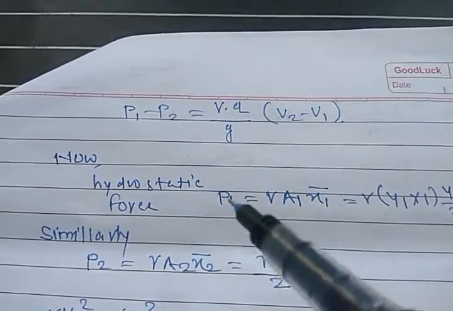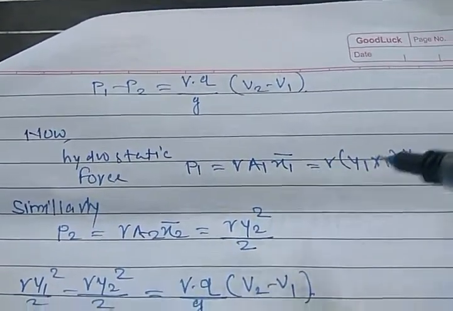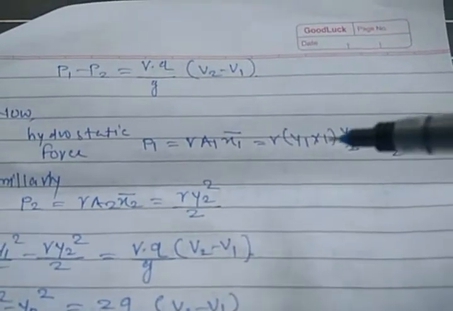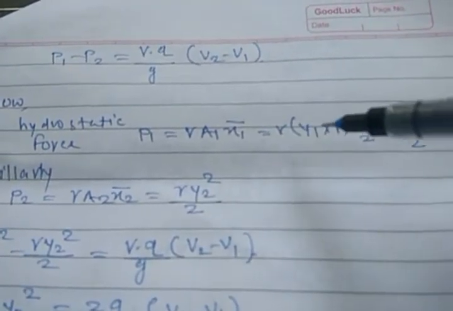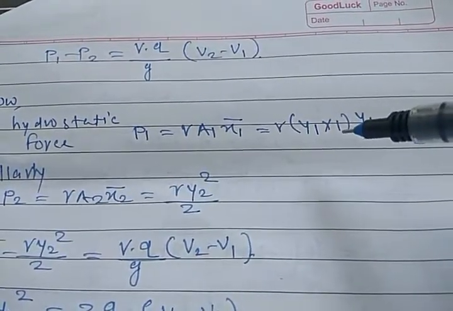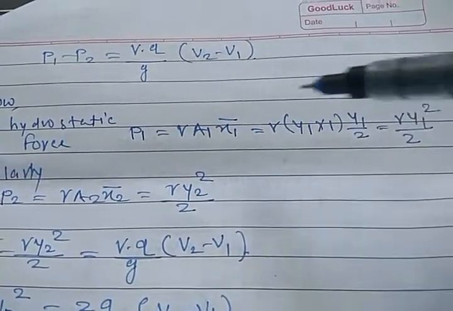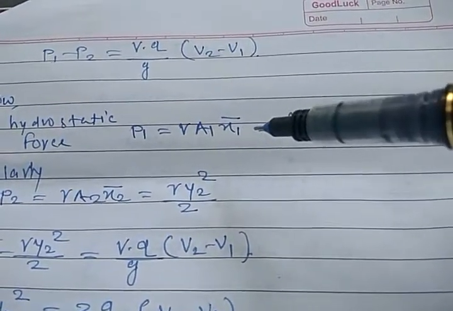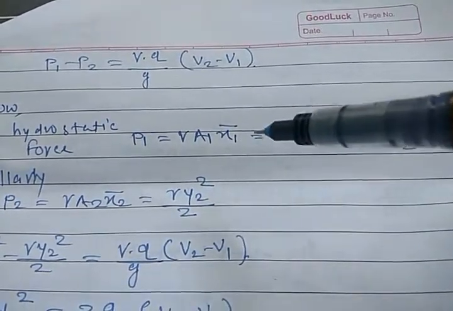Now hydrostatic force P1 is equal to gamma A1 x1 bar. So this comes out to be gamma A1, which is y1 into 1, since the width b is 1. And x1 bar is actually y1 by 2. How does it come to be?